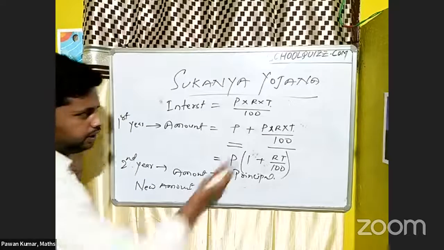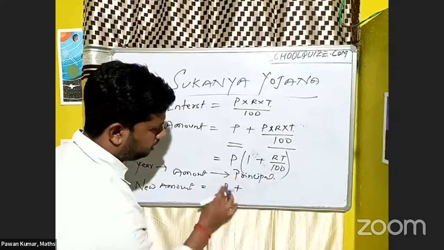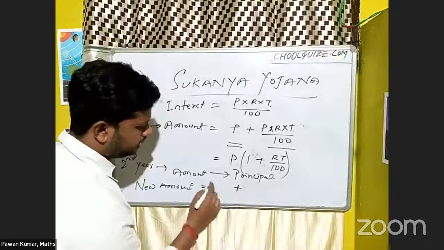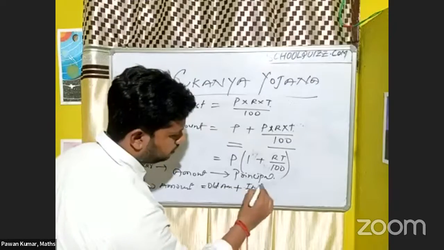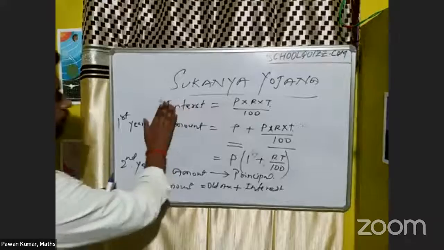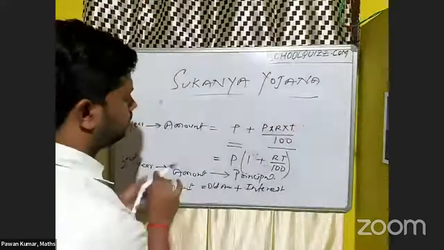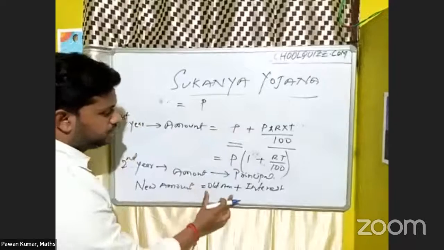The new amount will be the same P, and you can write it as old amount plus interest. So what is your old amount? Your old amount will be the new principal for this one.